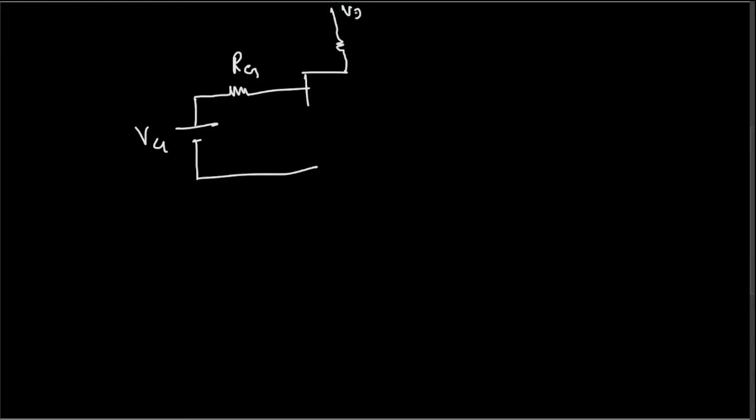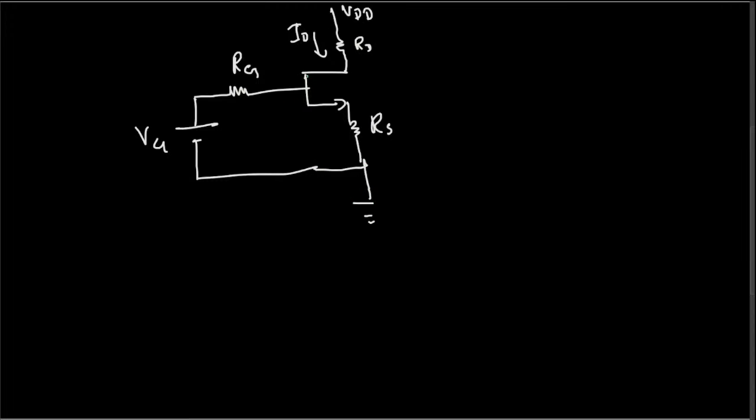So now we are going to have an RG over here and VG over here, and that is connected to the MOSFET. Here we have VDD, and this is the RD resistance, and whatever the current through this is, the ID current. Then we have the source right here, the resistance at the source is RS, and this one is connected to the ground.